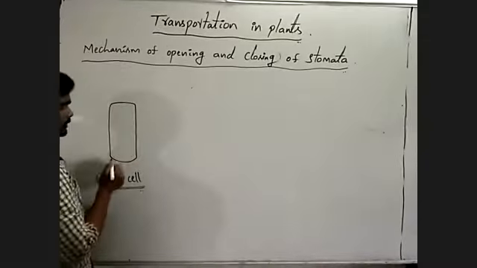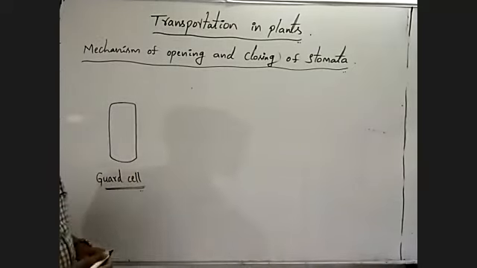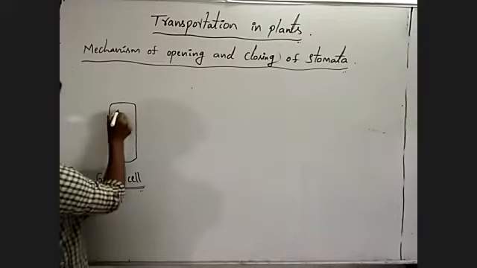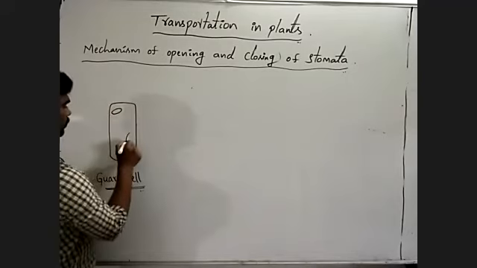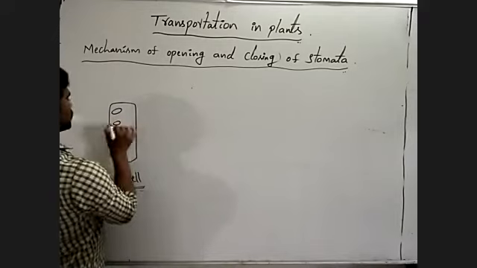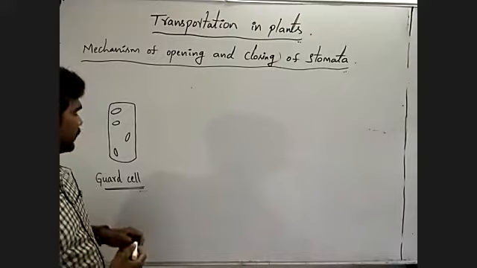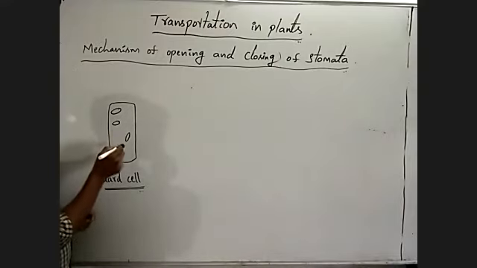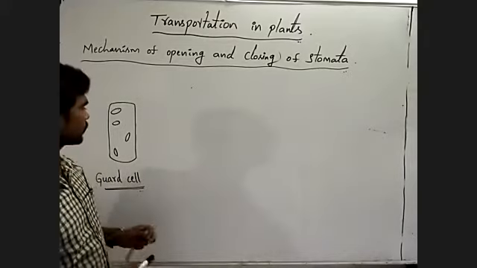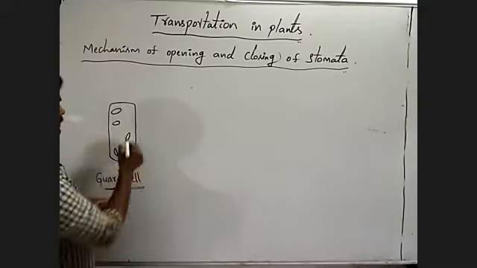At normal condition, this is at normal condition. Okay, guard cell, already told you, it has a number of chloroplasts. Chloroplasts means photosynthesis occurs in these guard cells. Here it is a guard cell, here another guard cell, imagine.